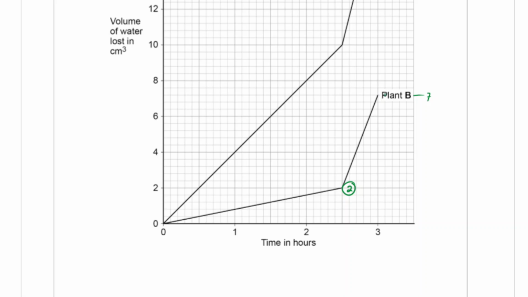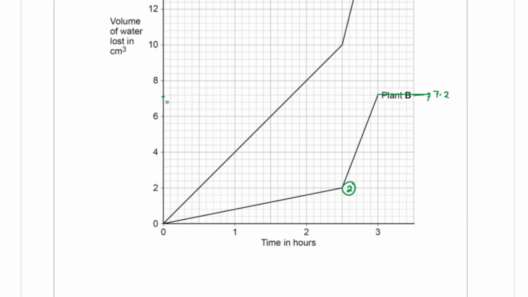So it's actually going up to this part, so that's 7.2.